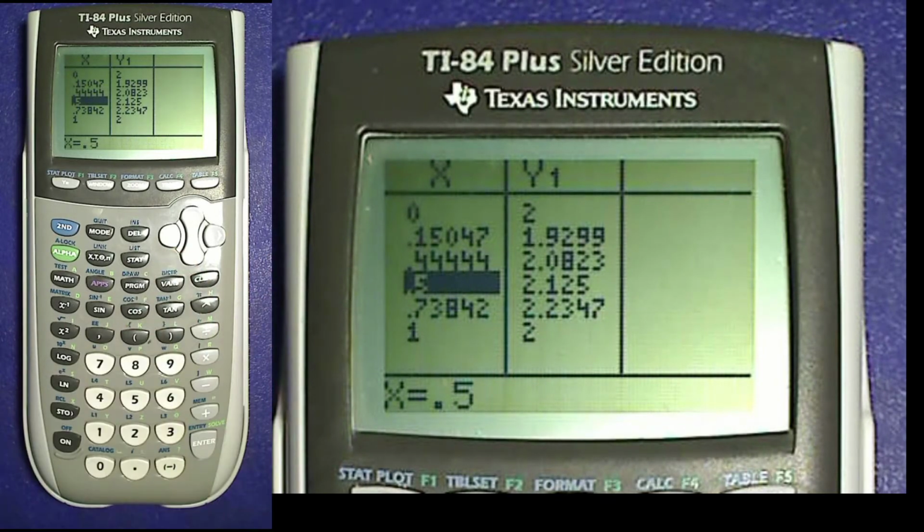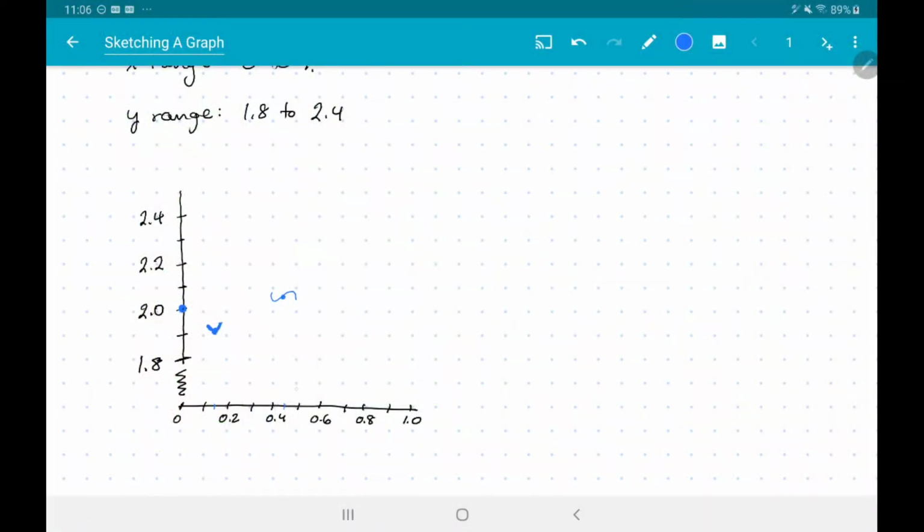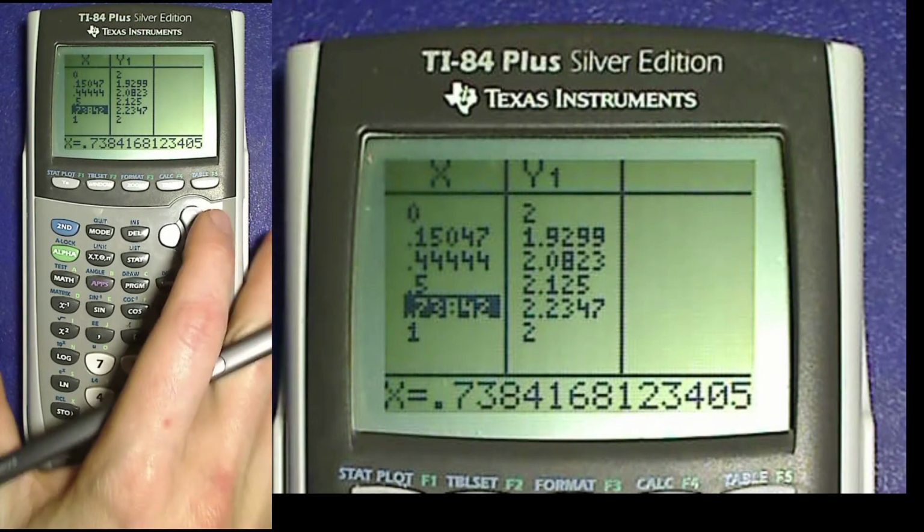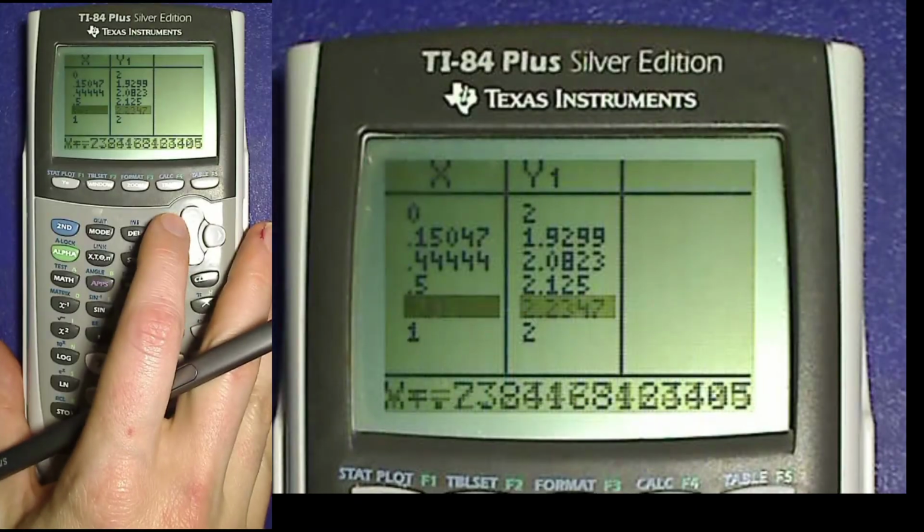This next number, the 0.5, was just a test number. So this is just going to give us a dot at 0.5, 2.125. So 0.5 is this column, and then 2.125 is going to be a little bit above there. So yeah, not too far from our other dot. This point is the local maximum.